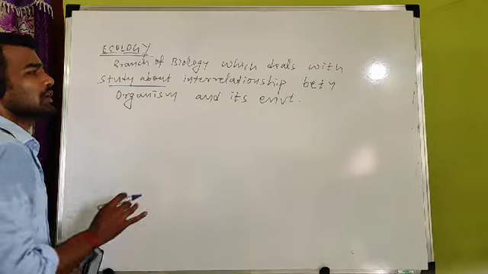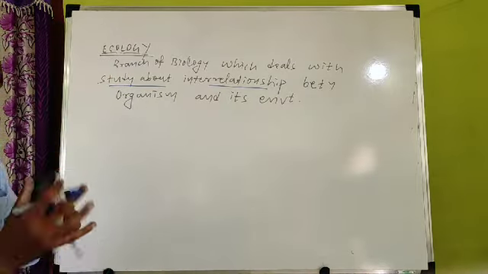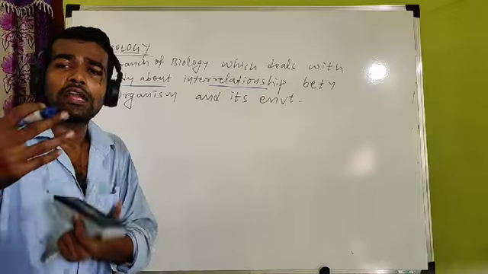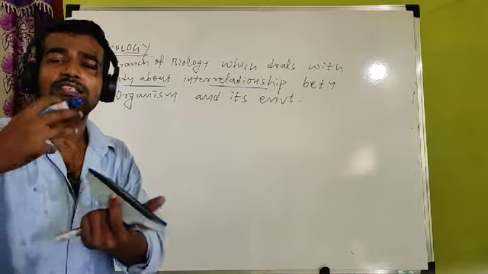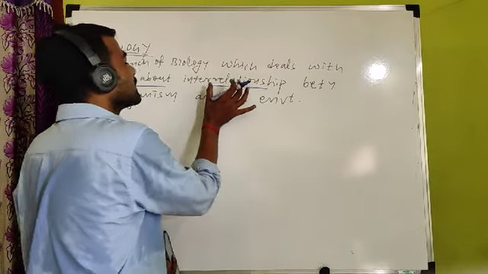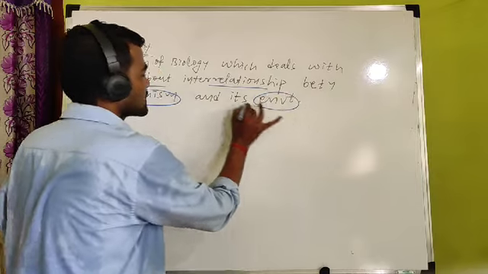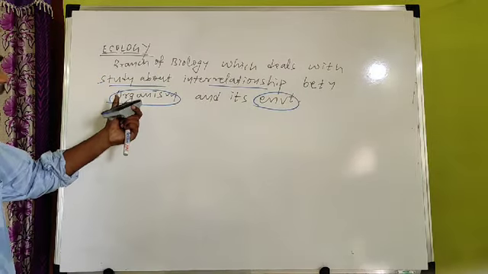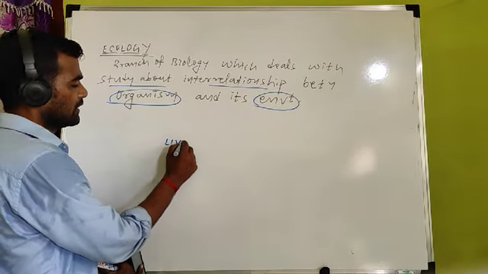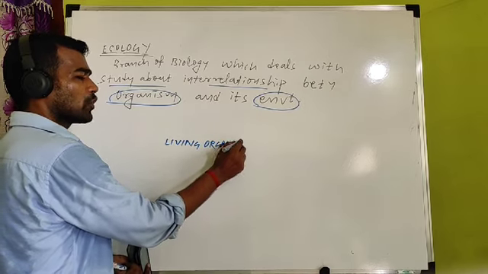What will we study here? We will study the interrelationship or interaction. Just like you people are interacting with me in the class, you ask some question and I respond to your question. Similarly, here it is the interrelationship between organism and environment. Organism means living organism, which may be a plant, animal, or microorganism.